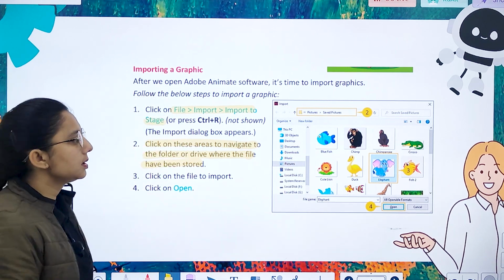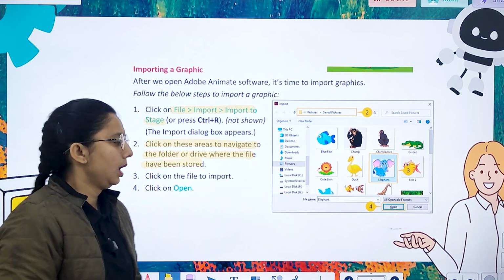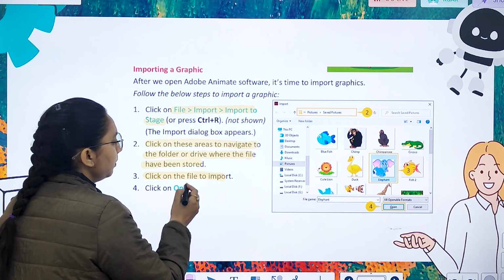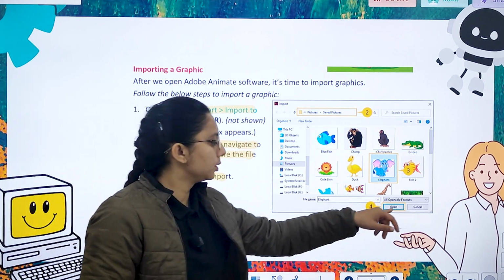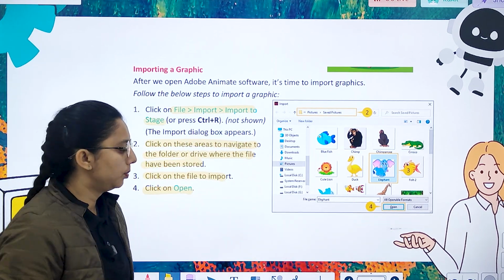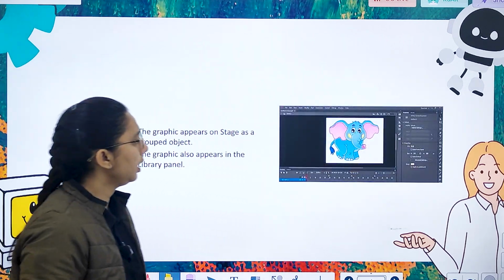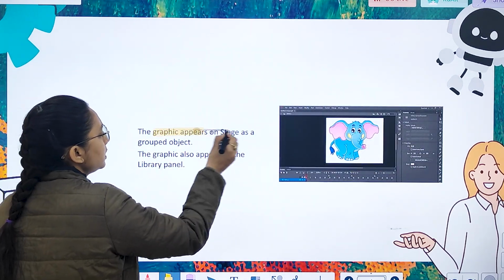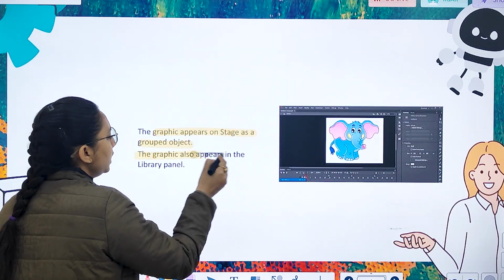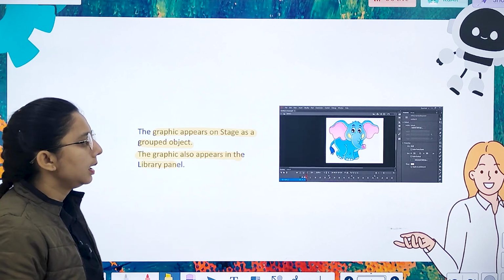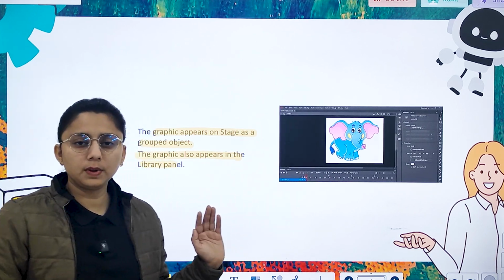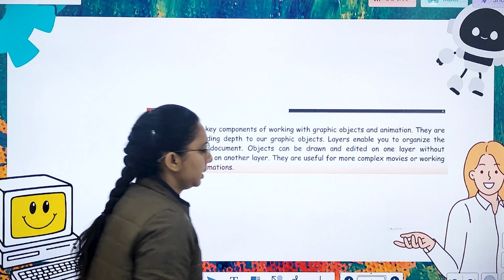Wherever your image is, you can search from there. After that, click on the file to import and click on Open. Now the graphic appears on the stage as a grouped object. The graphic also appears in the library. You can see it appears over here.